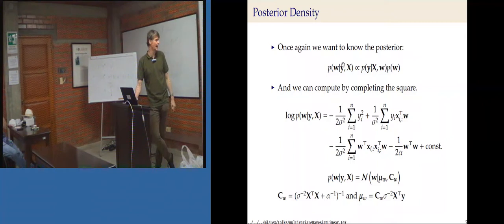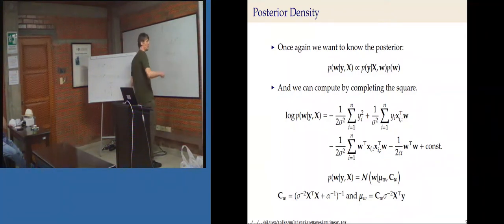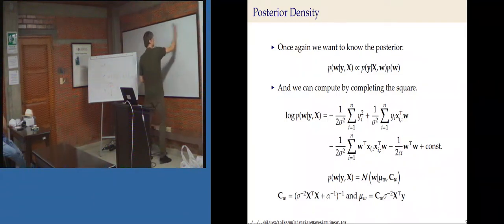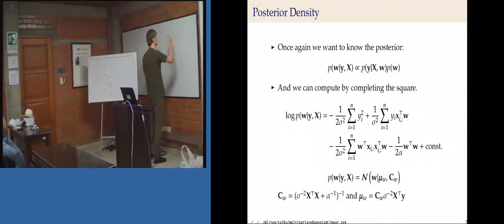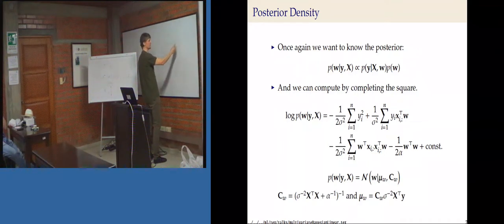What do I mean by that? Well, in the Gaussian case, which is nice and easy, it's easier to see. The likelihood is exp of a squared, where a is a linear function of w, and the prior is exp of b squared, where b is also a linear function of w.